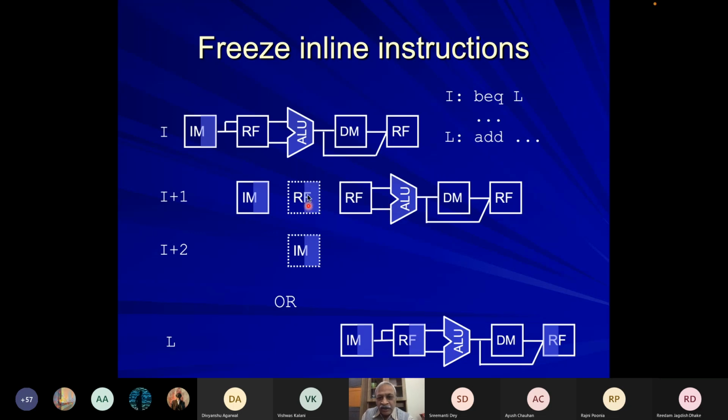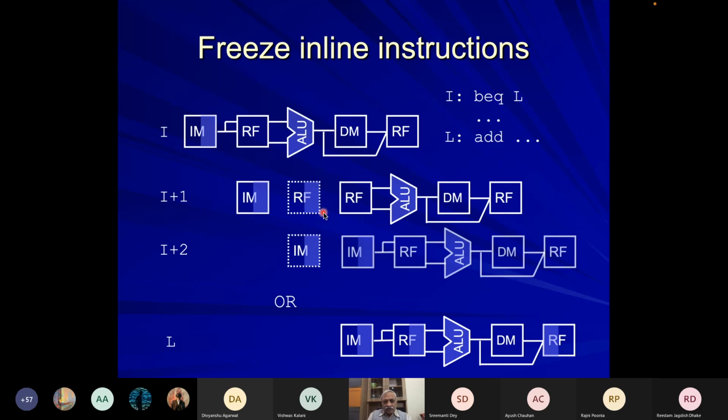Okay, so it did nothing in this cycle, it remained frozen, but now it can move and continue. So if branch is taken, then we have 2 cycle delay, but if branch is not taken, we have only lost 1 cycle. Okay. And then this inline series can proceed without any further delay.